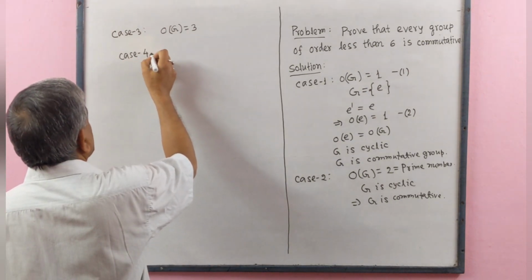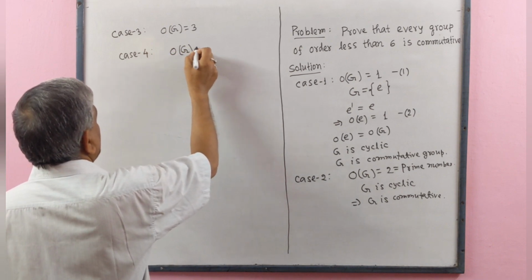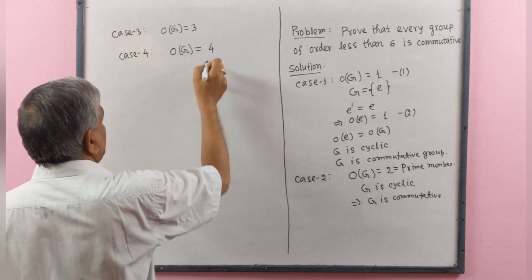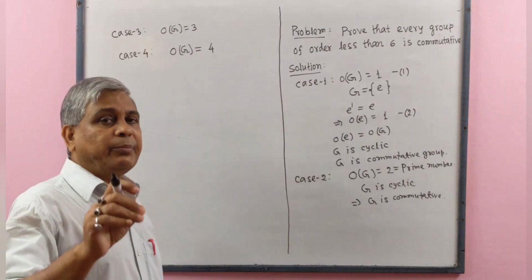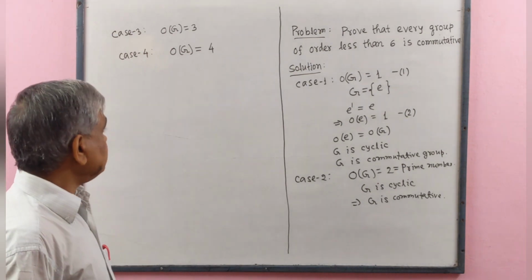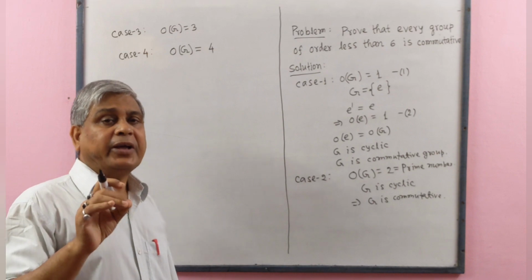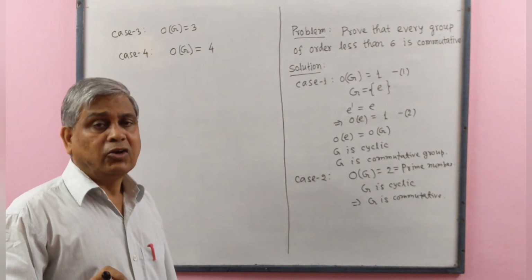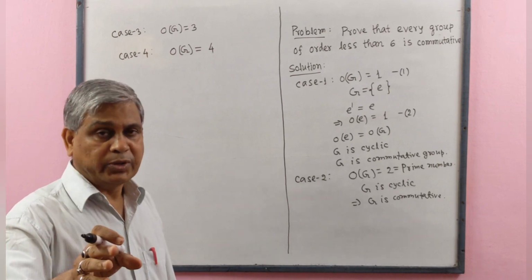Case 4. Let order of G equal to 4. Means G contains 4 number of elements. We know that order of element of the group divides order of the group.